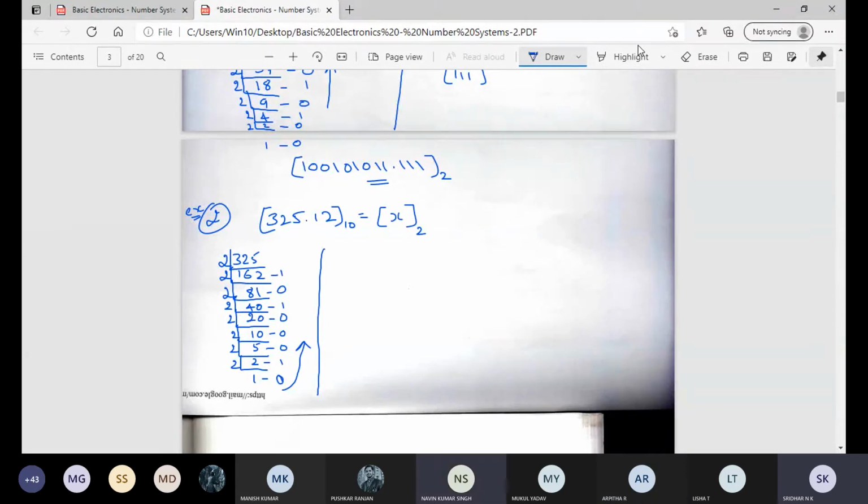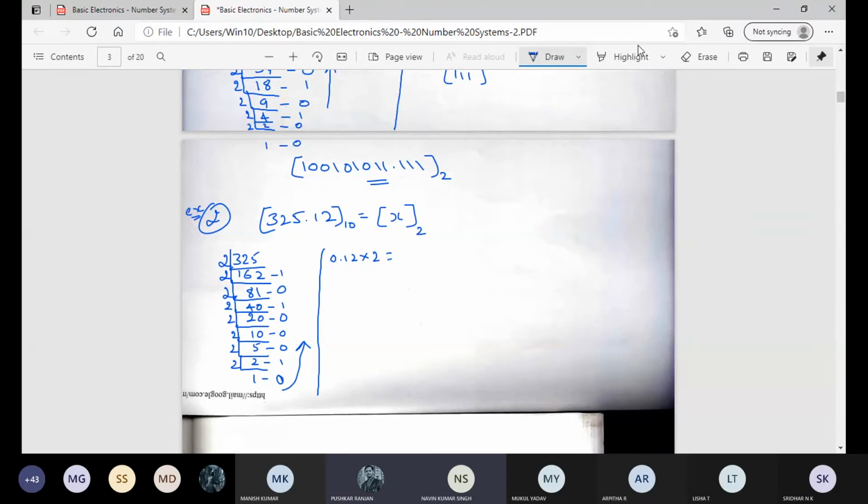Next, the fraction part: 0.12 into the required base number, which is 2. Sir, that is still wrong. With 5 it should be 1. Where? Sir, the third step from the downside.